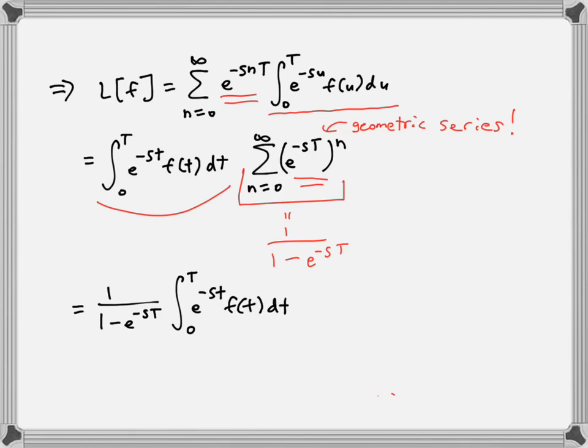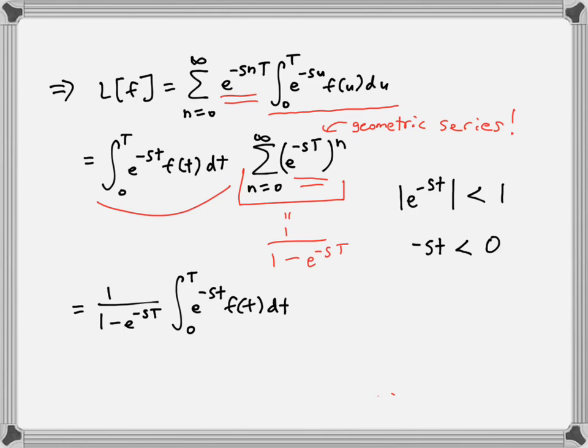Okay, so this is the proof. And by the way, something some of you might remember is that the geometric series only converges if the absolute value of the ratio is less than 1. But what does this mean? If I take the natural log of both sides, I get that negative sT is less than 0.